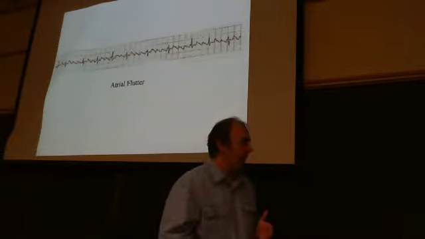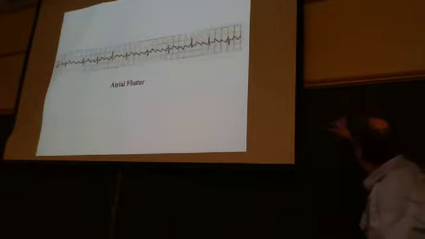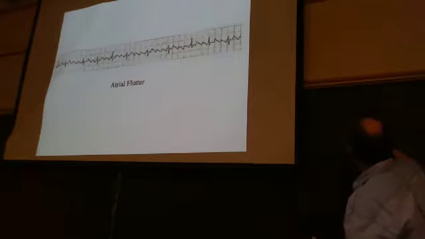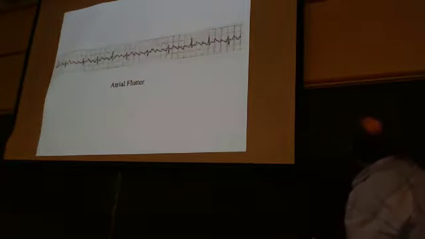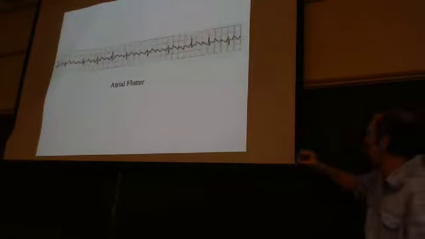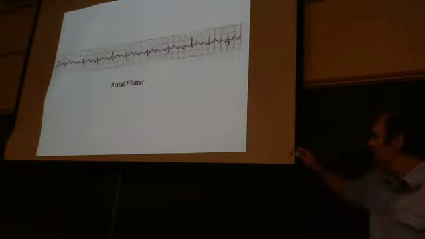The idea of reentry is that, remember, you can propagate anywhere in the heart. So here's the ventricle, and you've got the atria up here. You can have a wavefront in the atrium. It's not normal, but you can start propagating in this direction, but not in other directions for some reason.